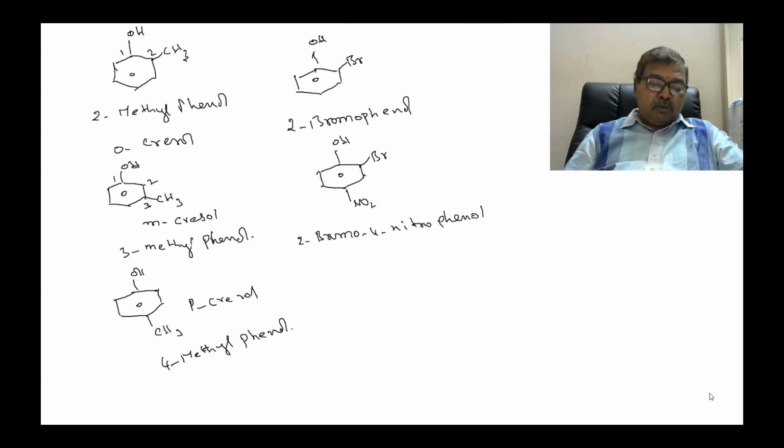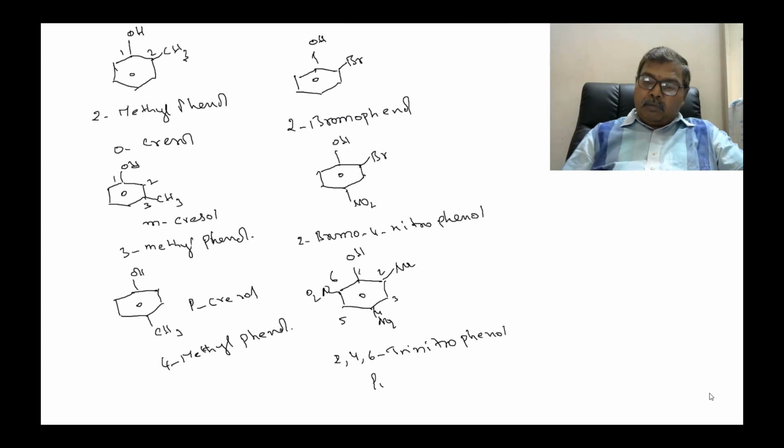All become substituents only. Now this is OH, NO2, NO2, NO2. So this is first carbon, second carbon, third carbon, fourth carbon, fifth carbon, sixth carbon. So therefore it is 2,4,6-trinitrophenol. Important commercial or common name: picric acid, a very strong acid.